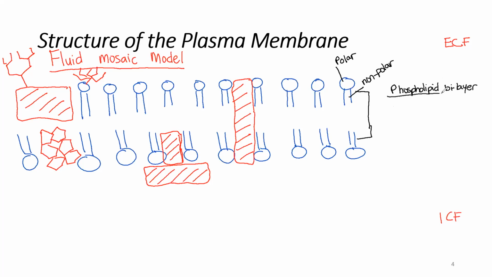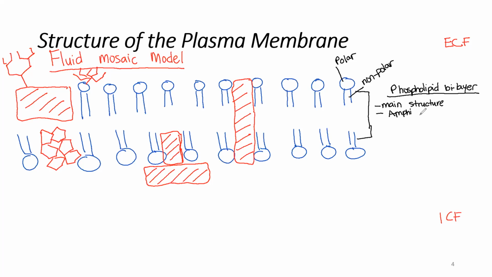So the phospholipid bilayer, a couple of features here. It's the main structure. The main structures in the plasma membrane are the actual phospholipids. They are also amphipathic, so we talked about what that means, but this is what allows them to be the perfect structure for this function.